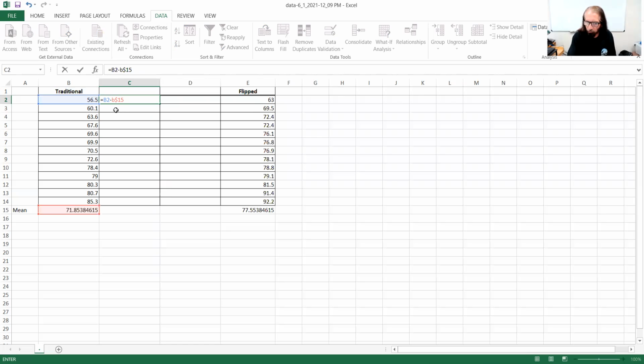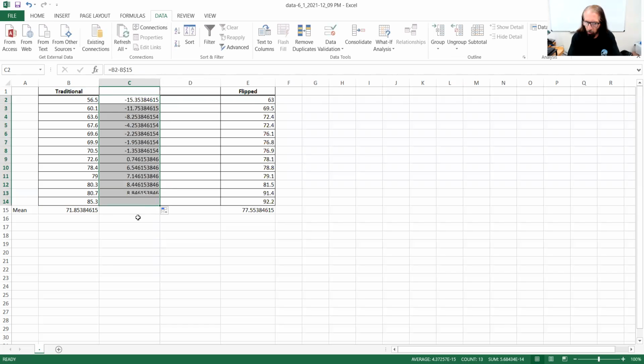So I'm going to do 15 with a $ sign between B and 15. Remember, some of these are going to come out to be negative, some of them are going to come out to be positive, and the total should be 1. Sorry, the total should be 0.